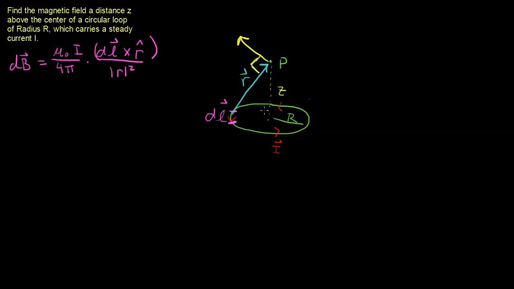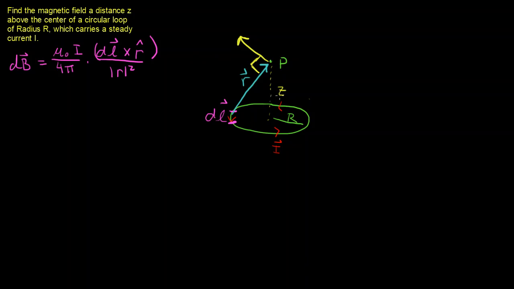Okay? It comes out at a right angle, but it could have been this way, or it could have been this way. But the reason I knew it was in this direction is because of the right-hand rule. I can't show you my hand right now, but if you did dl and you crossed r, your thumb would be pointing in the direction of that yellow arrow right there.